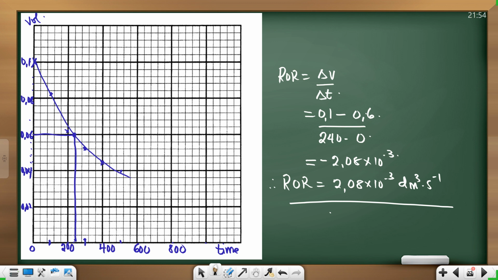Okay, guys. Yes? Why did you subtract the 0,6 from 0,1? Oh, it's 0,06. It's like I'm looking for the gradient. I'm actually wrong. It's 0,06.